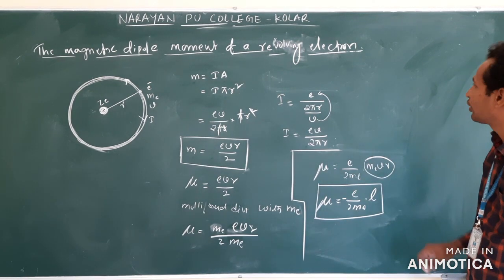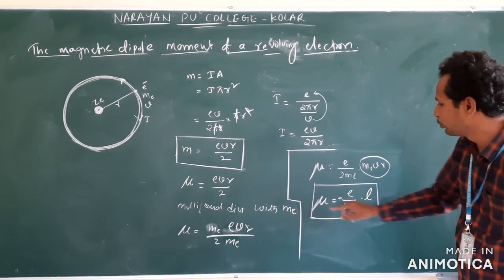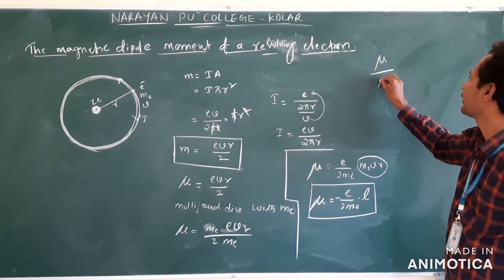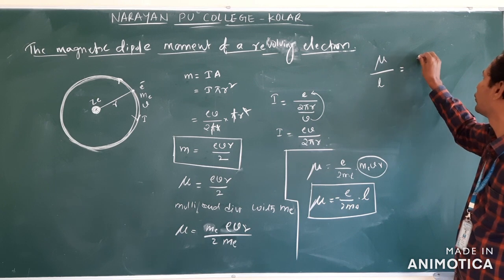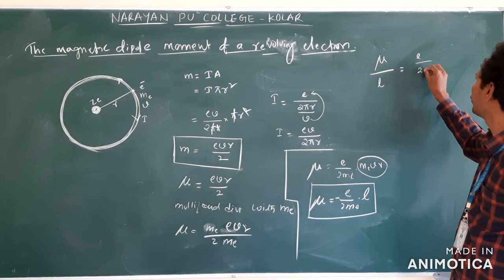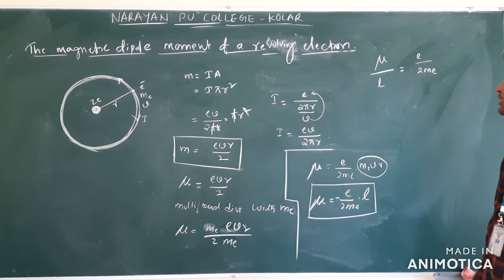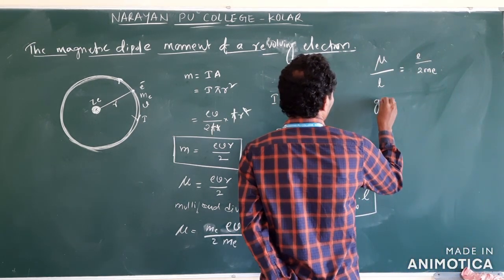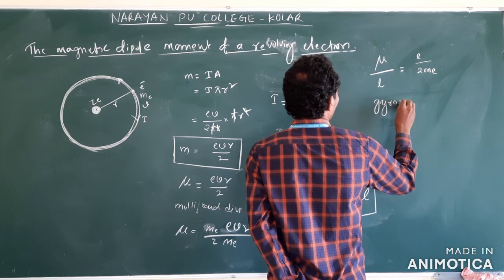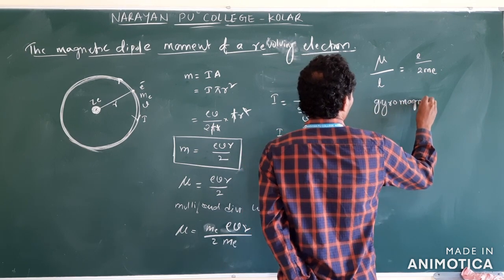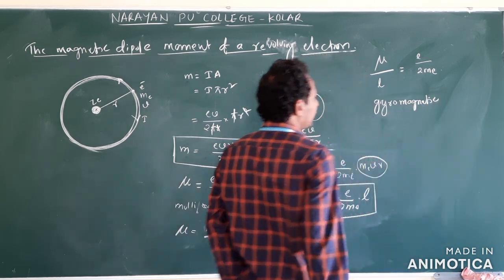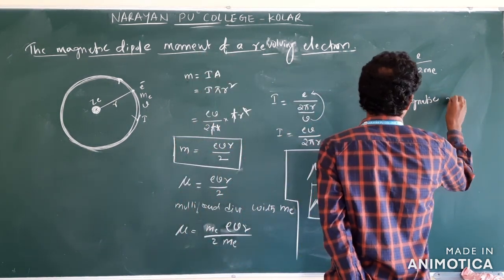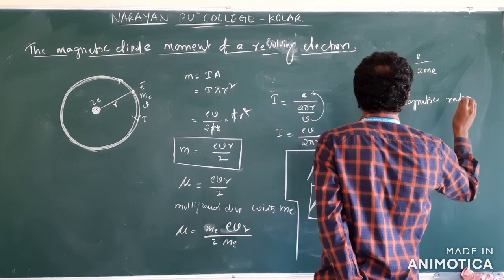Now, an extension of this. Move L to this side. What do you get? Mu by L is equal to E by 2 ME. So this we call the gyromagnetic ratio. What is that?